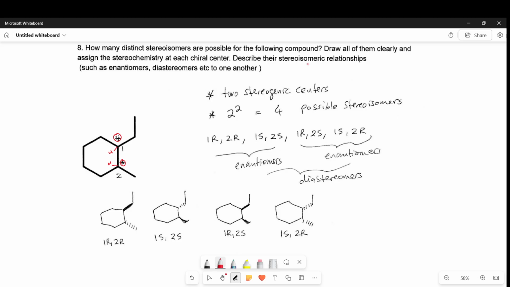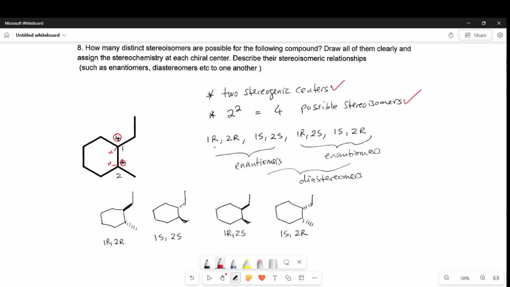So if I have 2 stereogenic centers, I have 2 to the power of 2, which is 4 possible stereoisomers. We have covered this in stereochemistry. So first of all, what are the 4 possible stereoisomers? 1R, and 2 position can have a 2R also.